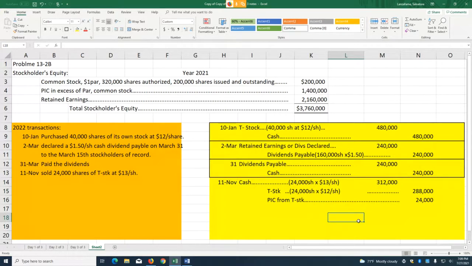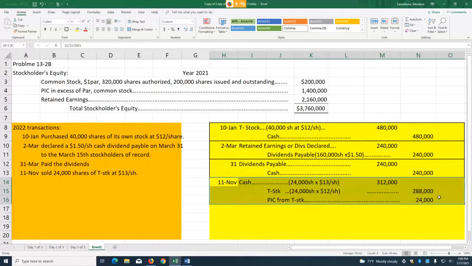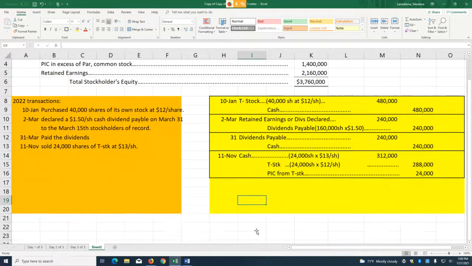So it looks just like the example we did before we did this problem. So now there are 24,000 more shares back in people's hands. Next transaction is December 1st.